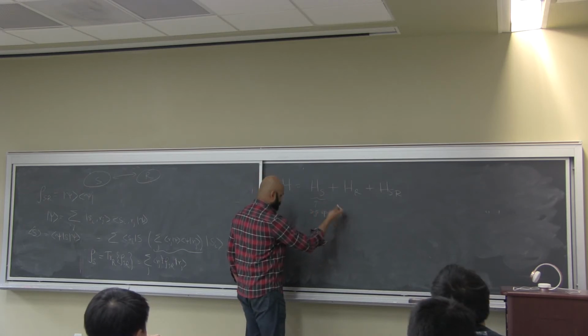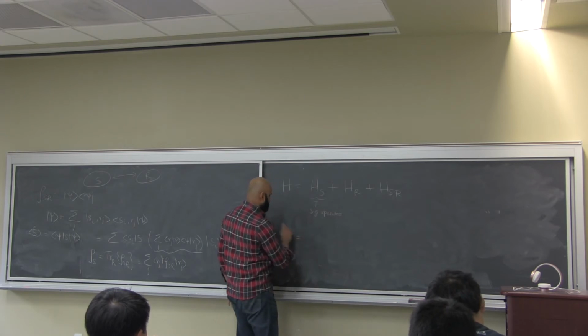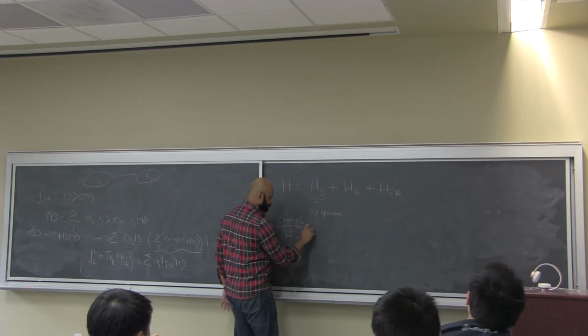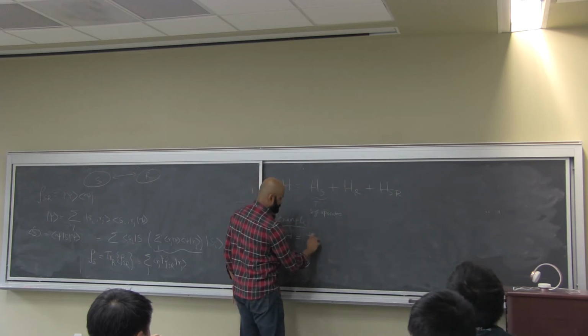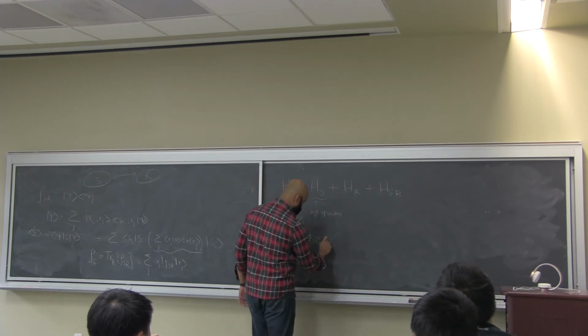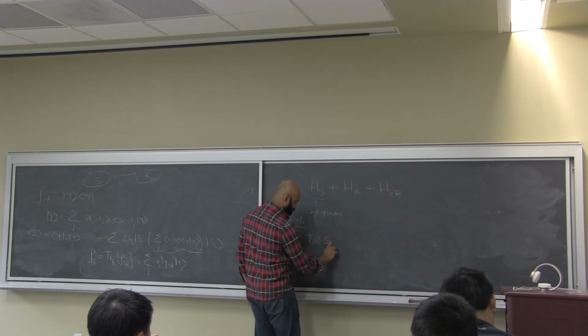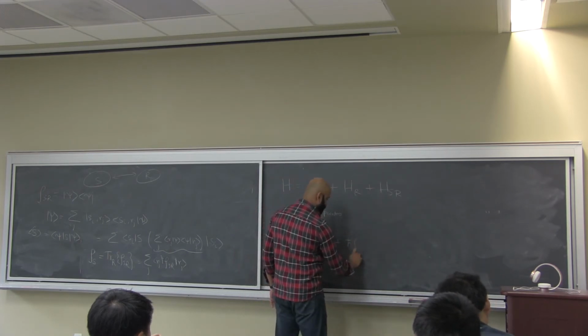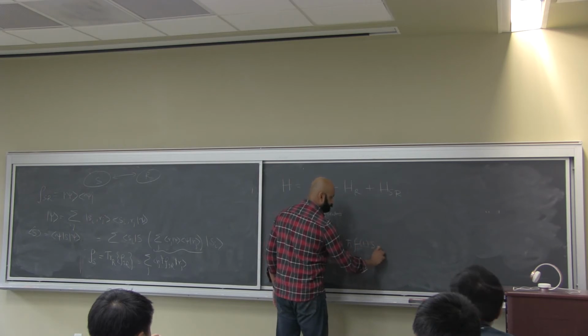For example, the example we did in the last class was even simpler than this. We had some h bar omega times sz for a spin plus h bar f of t sz.